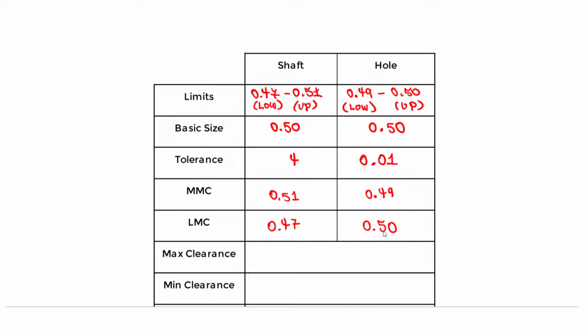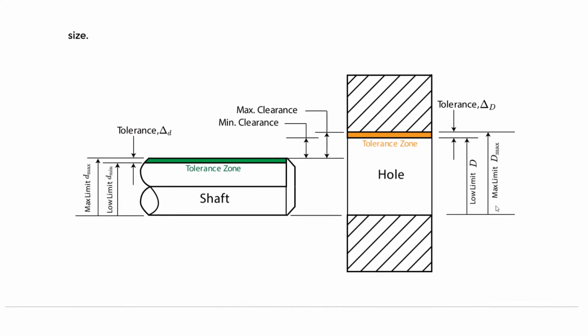So it's essentially the upper limit of the hole, D max, minus the lower limit for the shaft. Here I think there's a mistake on the slide, that is actually incorrect. It should be this dimension, right? That's going to be the max clearance, and I'll fix that in the PDF.